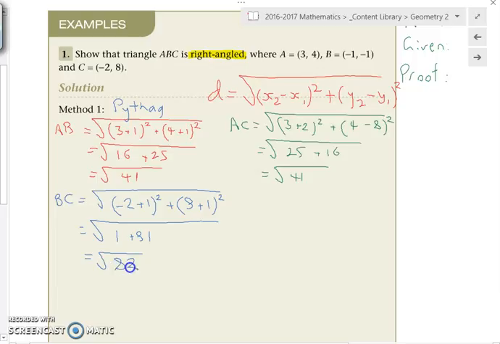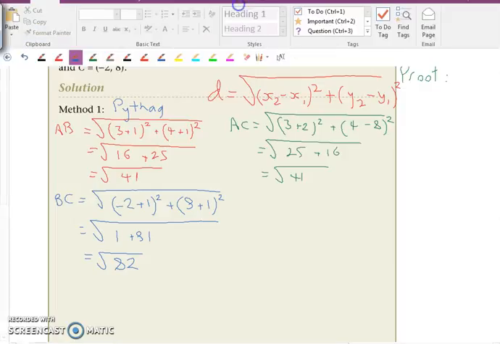Catherine, did I get that one right? You'd reckon I could add 16 and 25, but apparently it's difficult. You did it correctly. I just got the wrong answer.